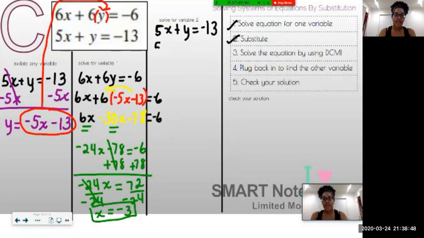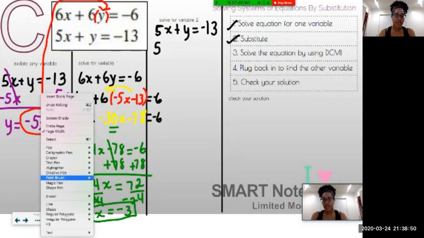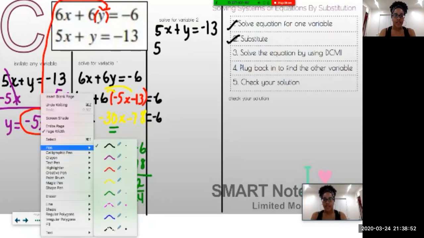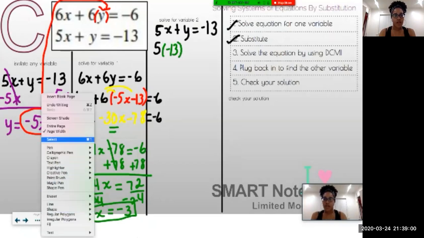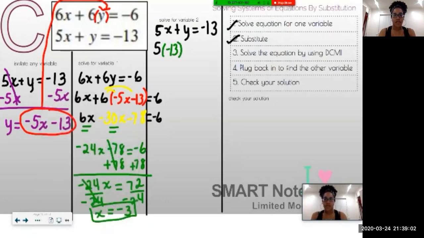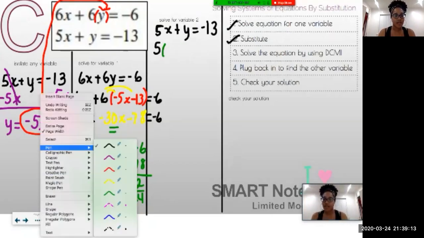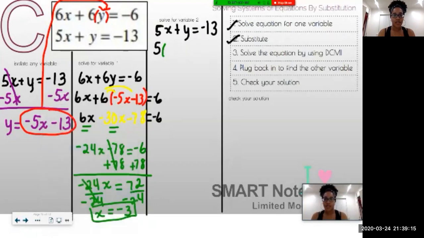So 5, we just figured out together that x is equal to negative 3 plus y. Oops, oh my goodness, that was clearly a mistake. X is equal to negative 3, sorry. I wrote negative 13.